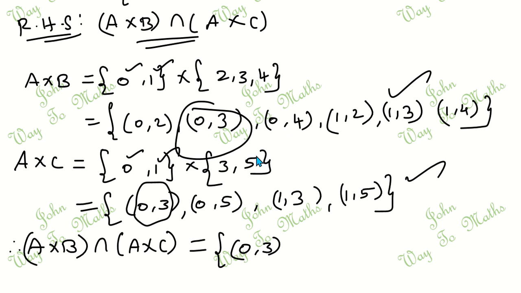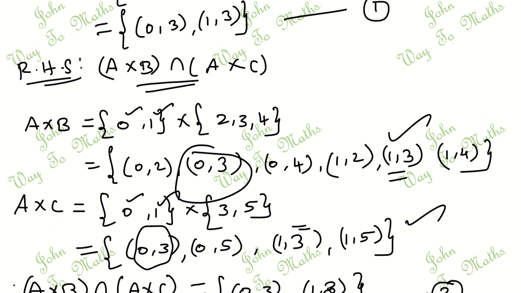Then 0 comma 4 not there, 1 comma 2 no, 1 comma 3, 1 comma 3 is there, so 1 comma 3. Which is the set for RHS, consider as equation number 2.